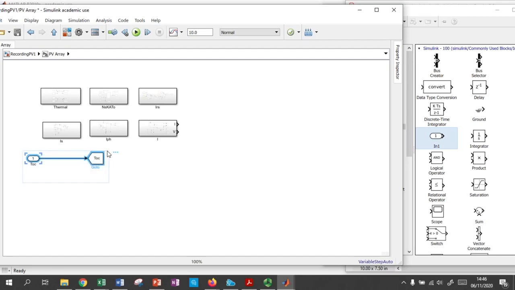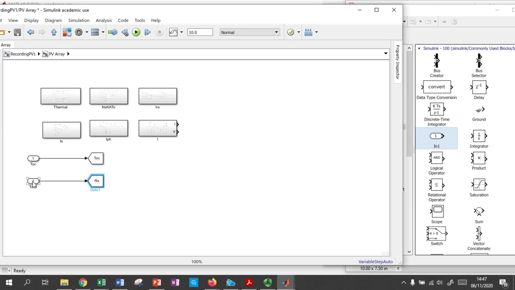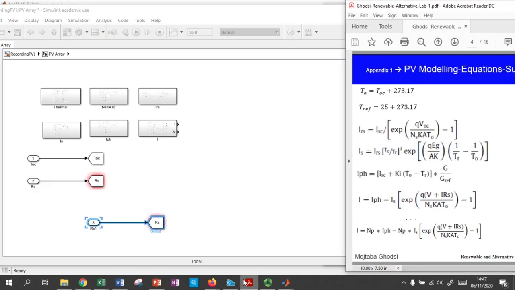We can repeat the same thing for those variables that we need to specify. For example, this is RS, we can define this one as RS, and it is called RS. Okay. The next one, NS.